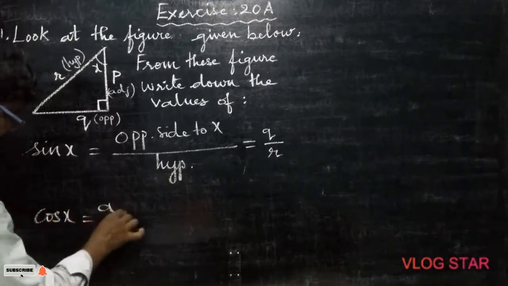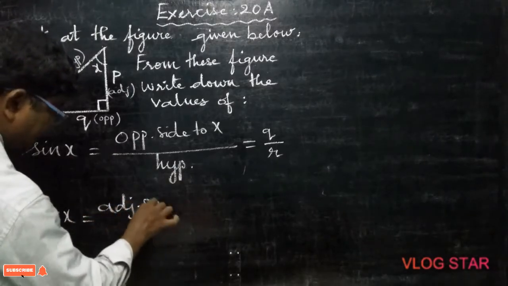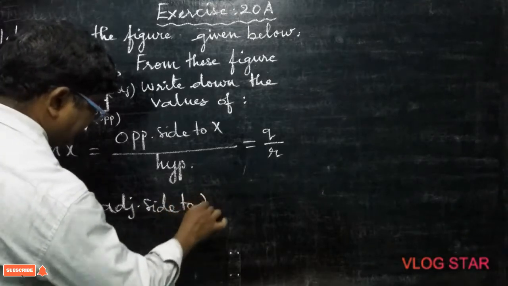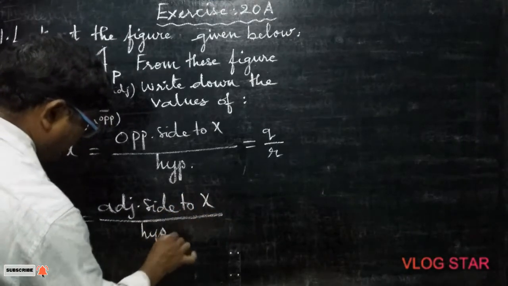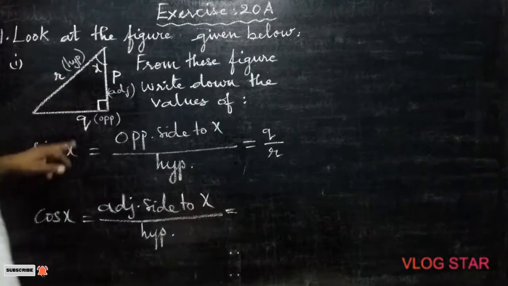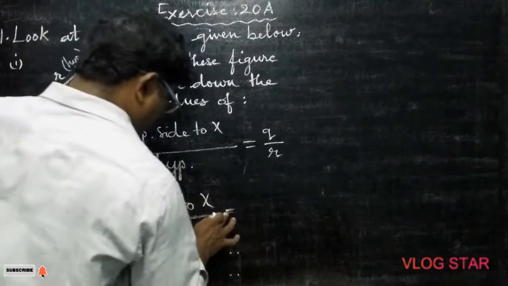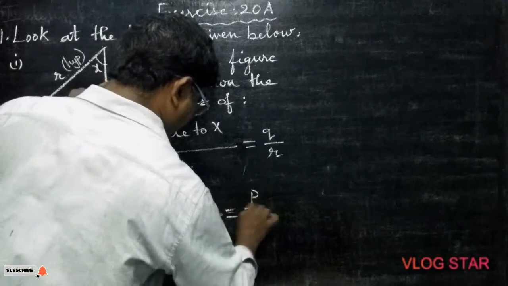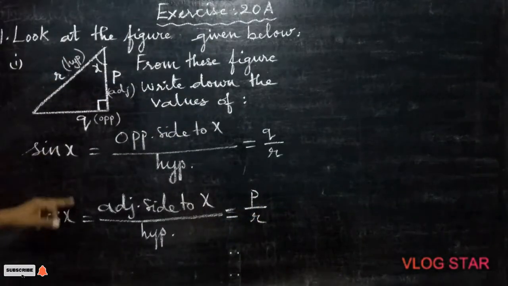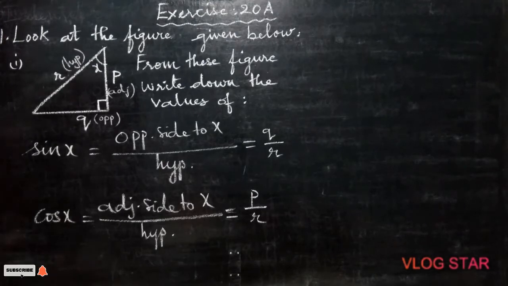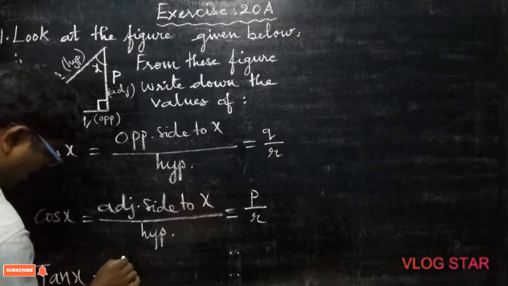Next coming to cos x. Cos x means what? Adjacent side to x by hypotenuse. What is the adjacent side here? P. So P by R. So this is the way of finding values. Coming to tan x. Tan means what?